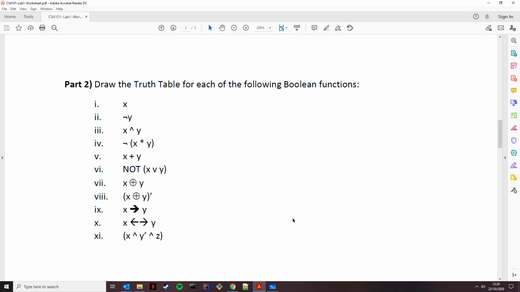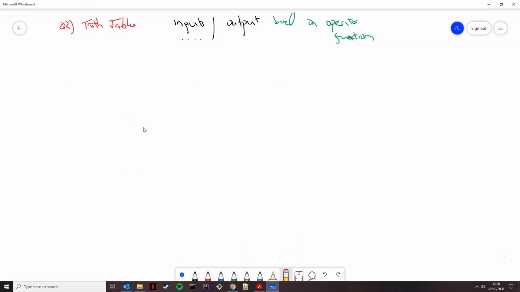So not X multiplied by Y. A bit trickier now. So X and Y are our inputs.